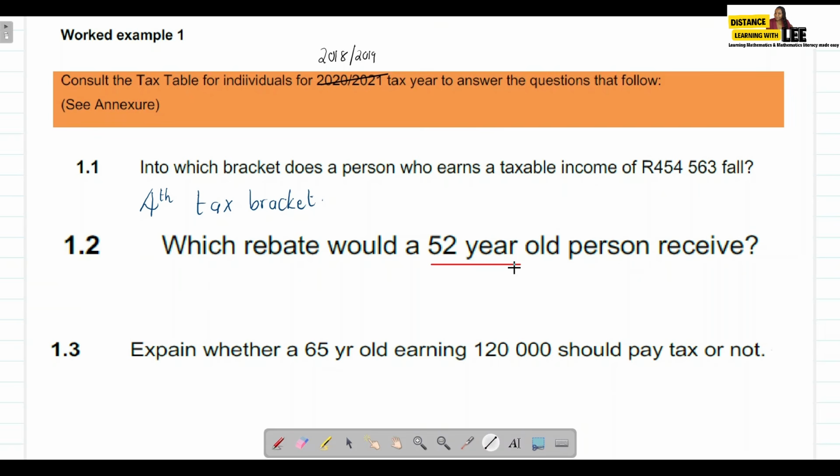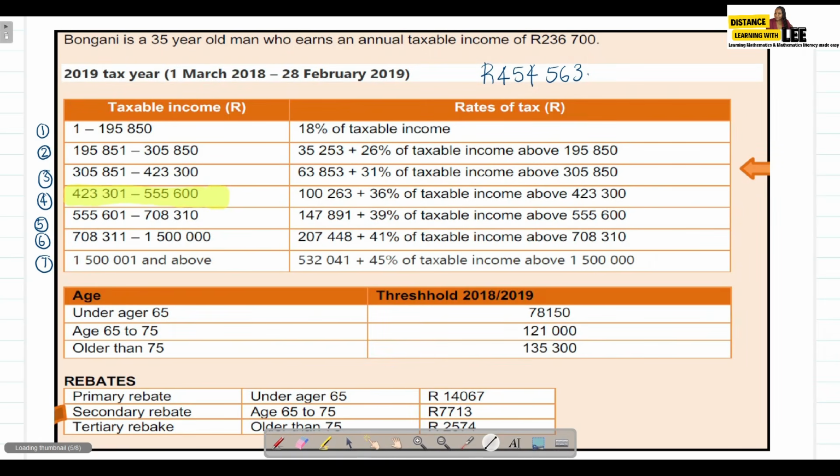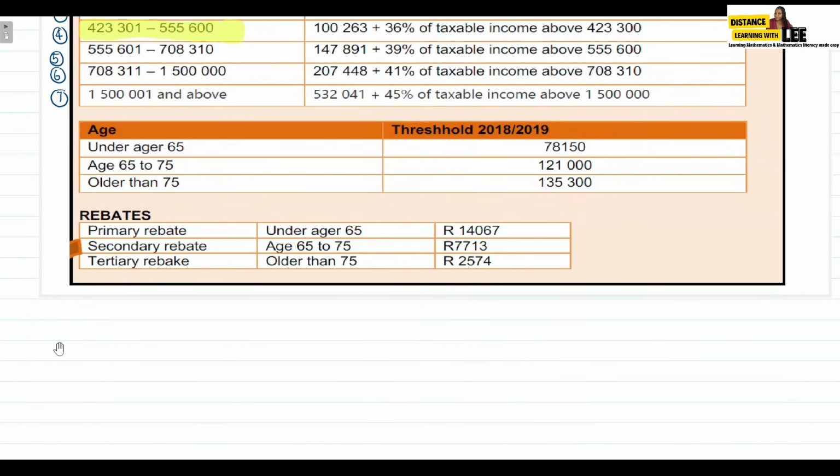Do they fall within the secondary rebate? Or do they fall in the tertiary rebate? Okay, so let's see here. Looking at our rebate table, we see that if you are a 52-year-old, then we know that they give you a table that says the primary rebate is for everyone that is under the age of 65.